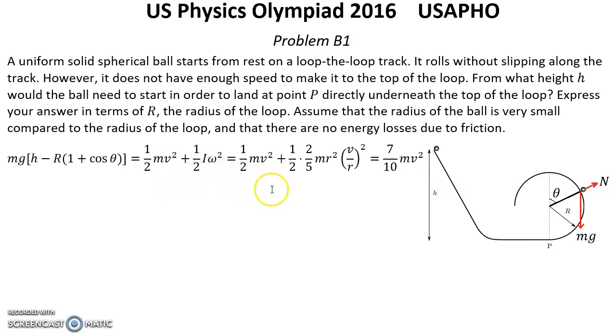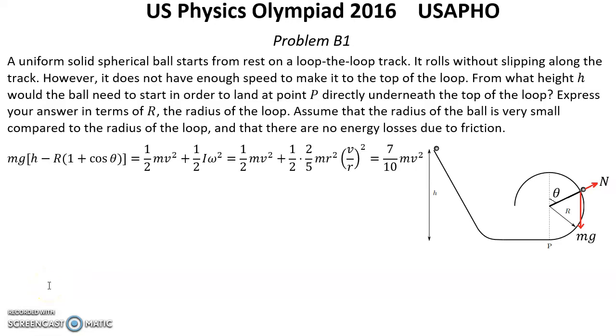And because the motion goes without sliding, omega equals v over r, and also for a solid sphere we have moment of inertia I equal to 2/5 mr square. And finally we have kinetic energy equal to 7/10 mv square. So this is the first relation between the angle and v square.